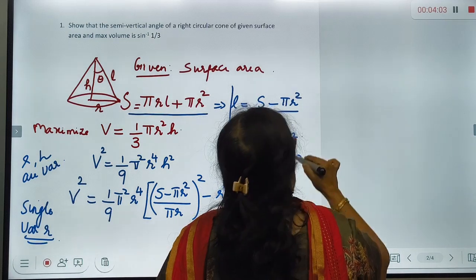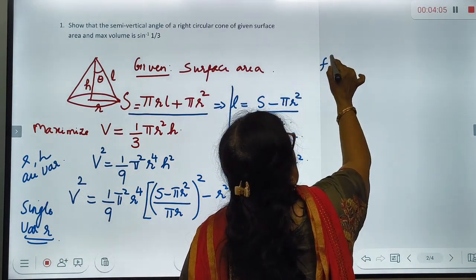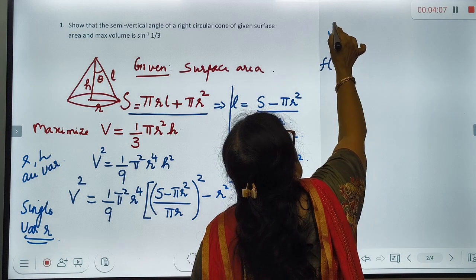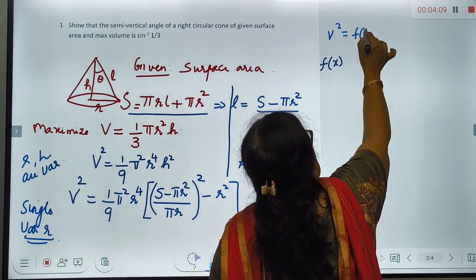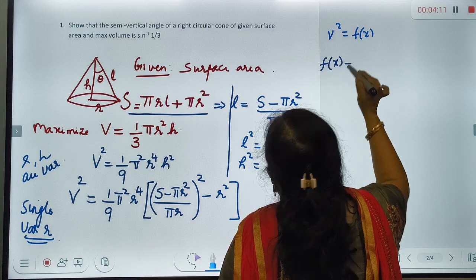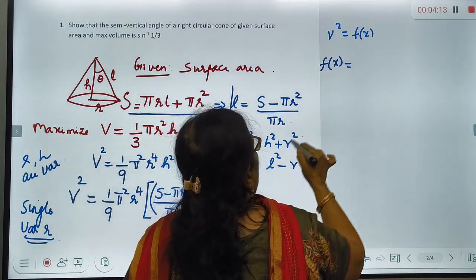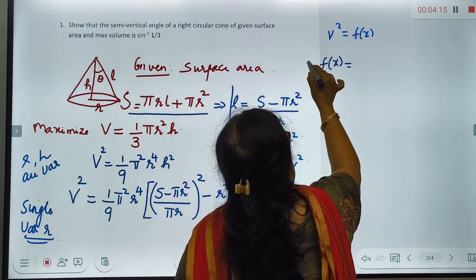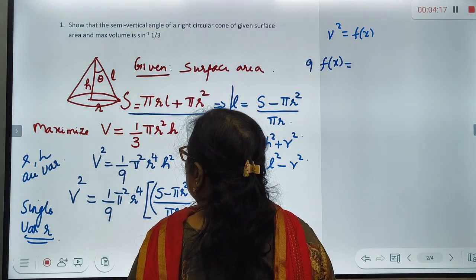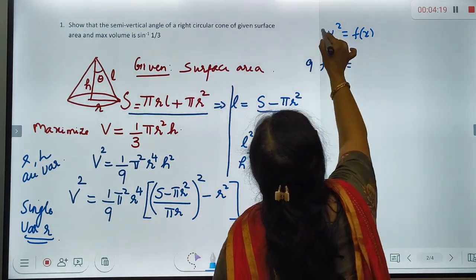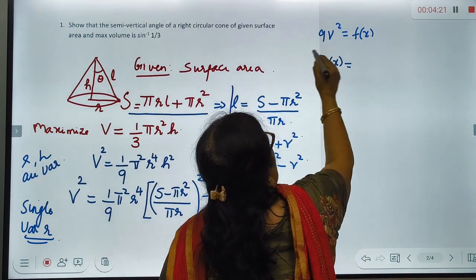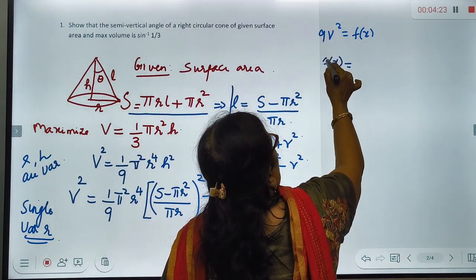So this V square, let me call it as f of x. In fact, I can take 9 times V square as f of x. If V square is maximum, 9 V square is also maximum.